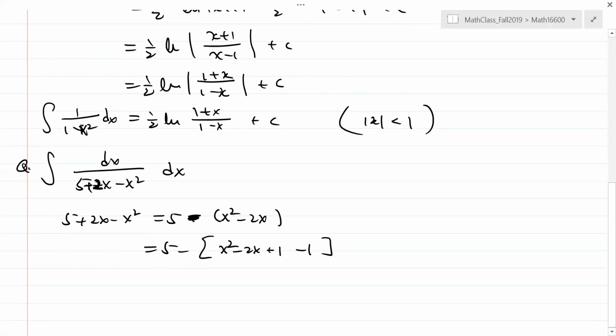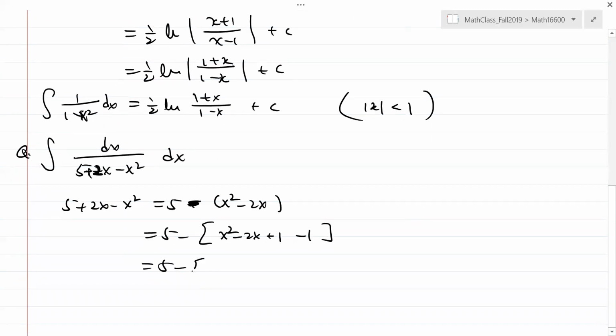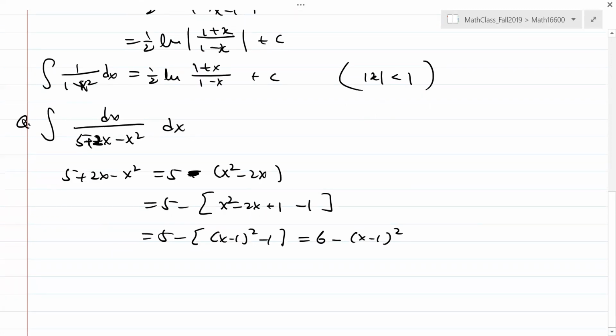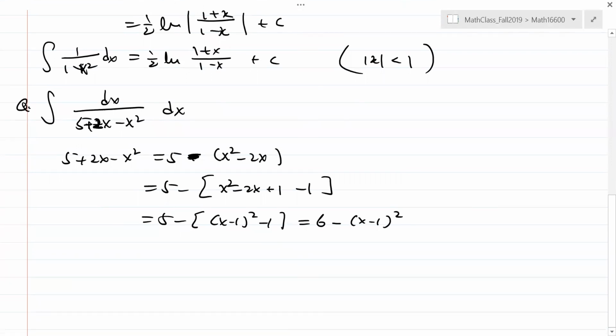Then you have x minus 1 squared minus 1, but when you get rid of the parentheses, you get 6 minus x minus 1 squared. That's what we want. You can also take 6 out. If you take 6 out, it becomes 6 times 1 minus the quantity x minus 1 divided by square root of 6, squared.